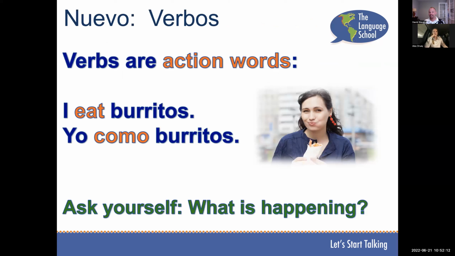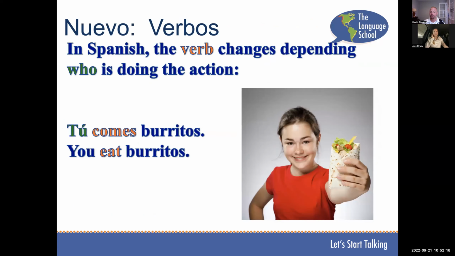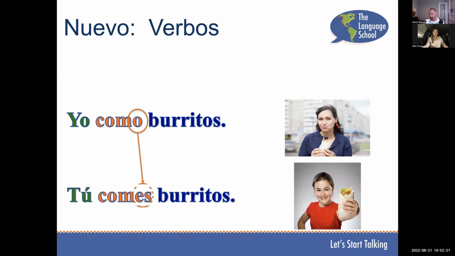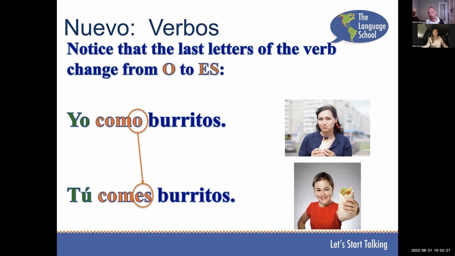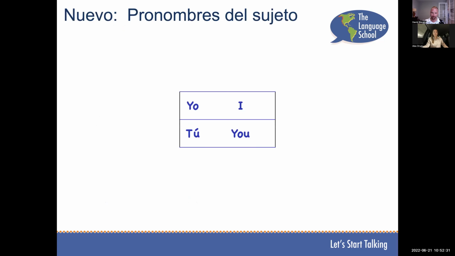To say I eat, you say yo como burritos, right? To say you eat, you say tú comes burritos. And we can see here this change. This is what I'm getting at with this activity, right? Being able to change these verbs on the fly. So that O means I, the ES means you, right?